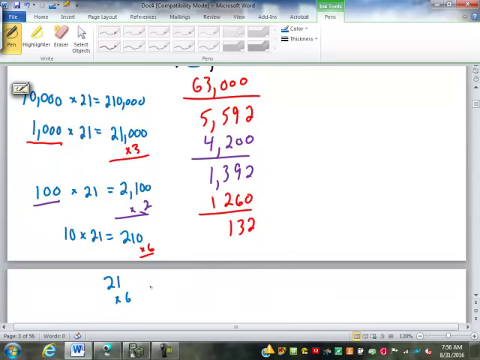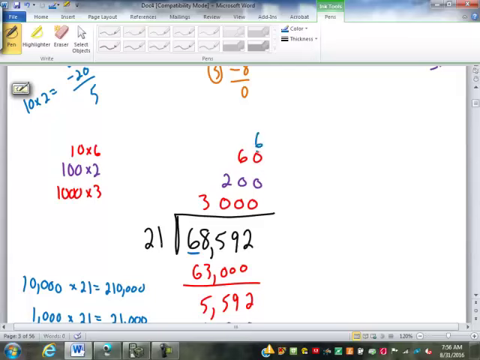Looks like 21 times 6 is going to be 126. That leaves me with 6 left over. So 1 times 6 is just 6 times. So I just subtracted 21 3,266 times. And I had a remainder of 6 left over. So 68,592 divided by 21 is 3,266, where the remainder is 6.